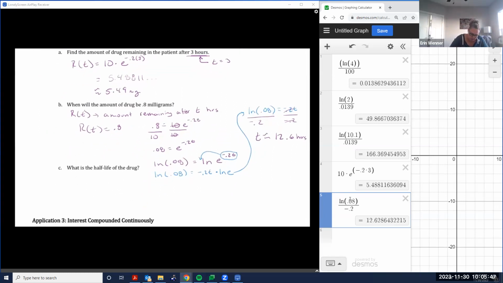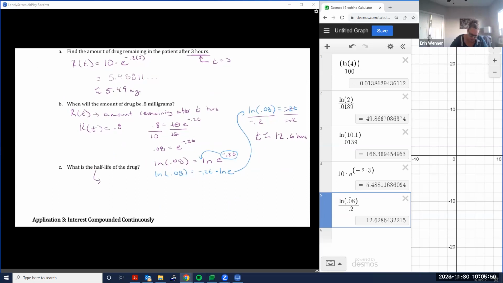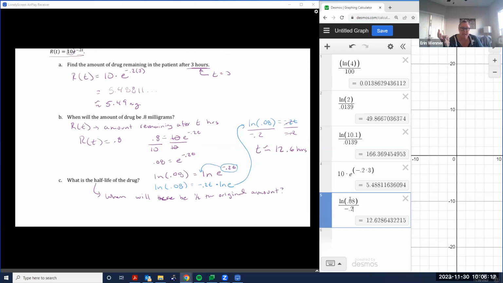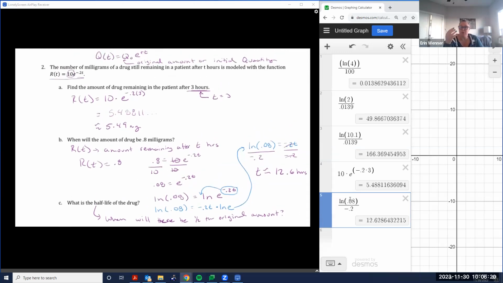Okay, so when will there be half the original amount? So that's where the initial part, when I was talking about looking at that formula and identifying what those pieces are, that 10 that's in front of e tells us what our initial quantity was.